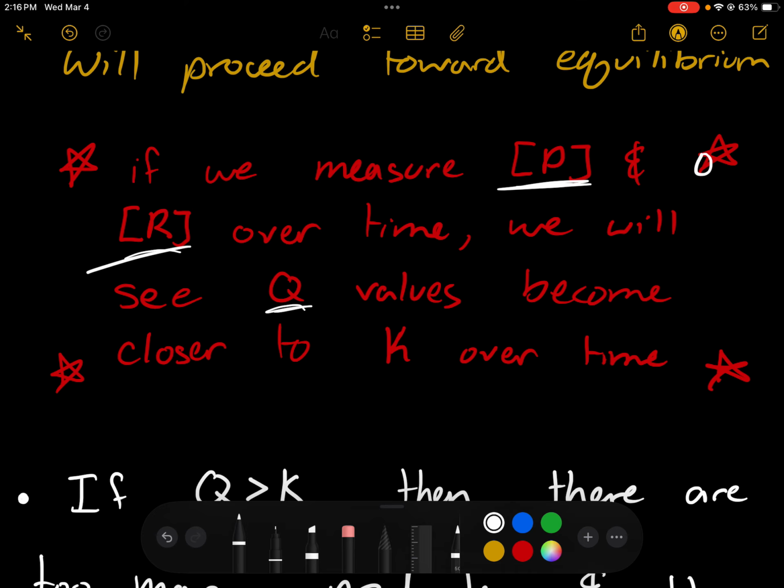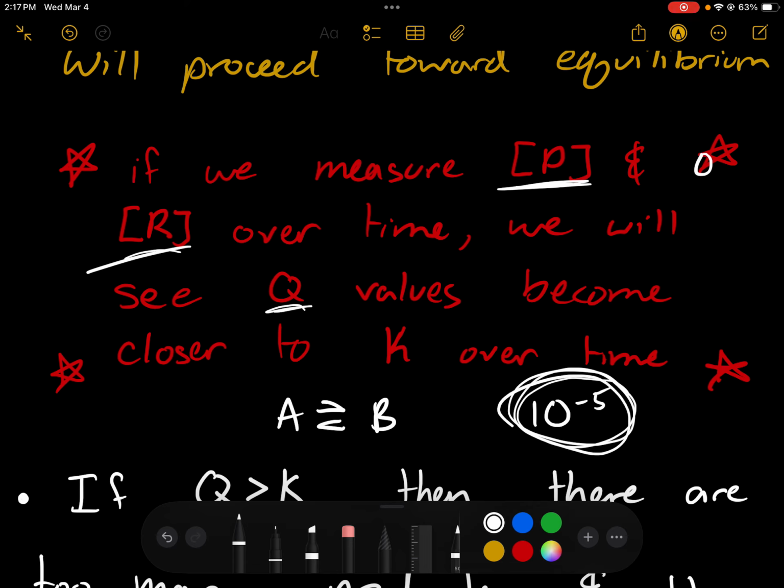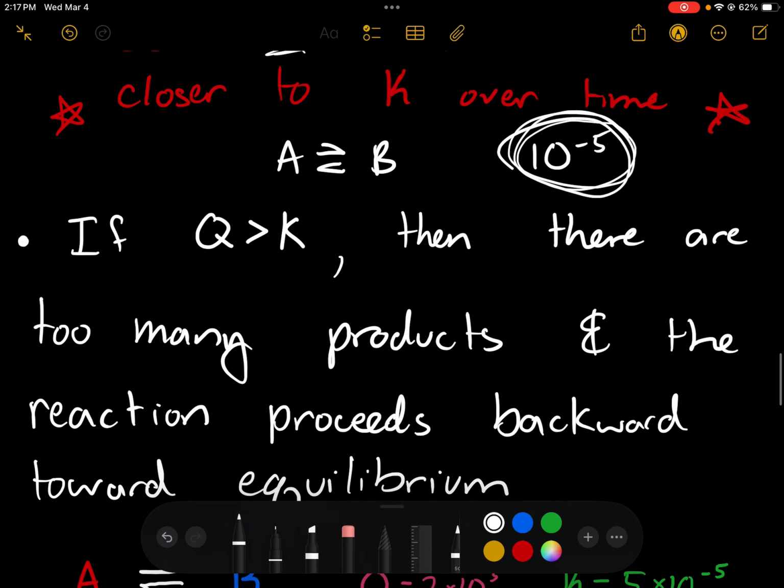Let's say that we have that same reaction, A and B, and it has a K value of, let's say, 10 to the negative fifth. What that means is if I measure products and reactants over time, slowly, we'll get closer to this number as we approach equilibrium. So by comparing a Q value and a K value, I can see whether my reaction needs to go forward to reach equilibrium or whether it needs to go backwards.